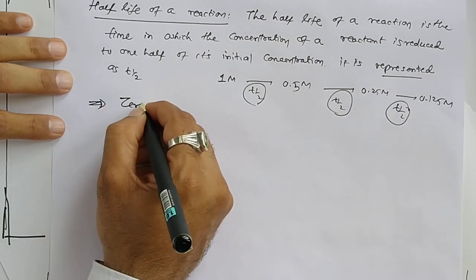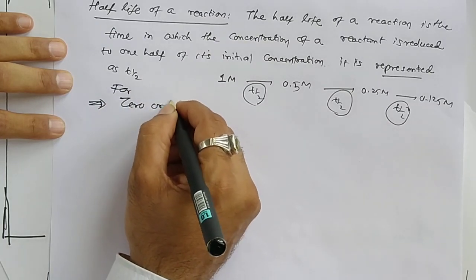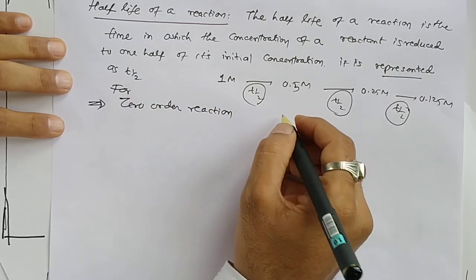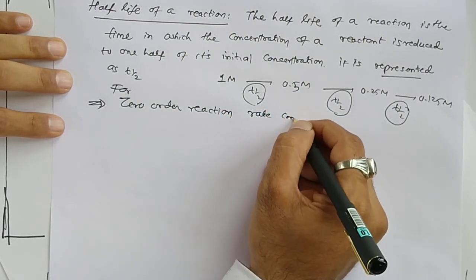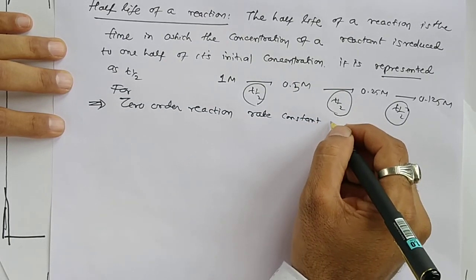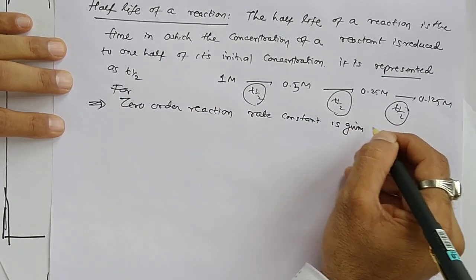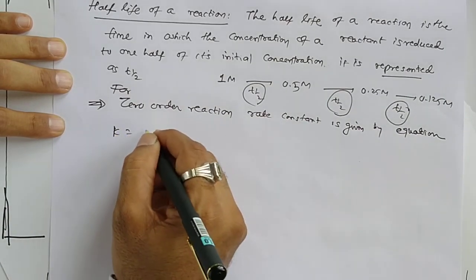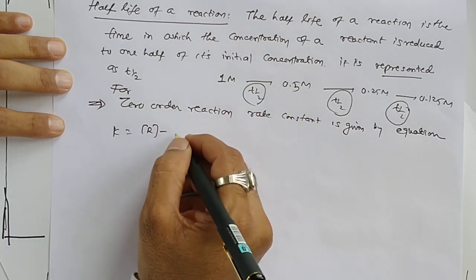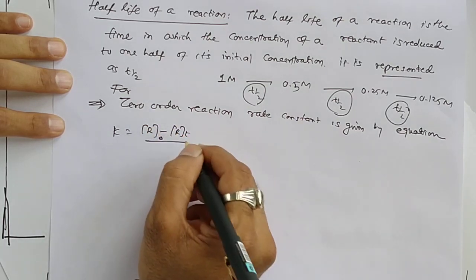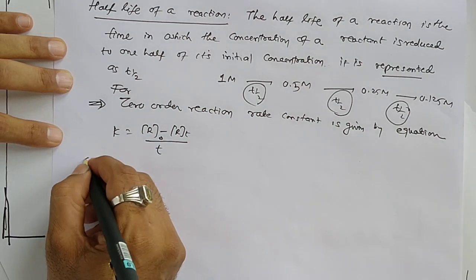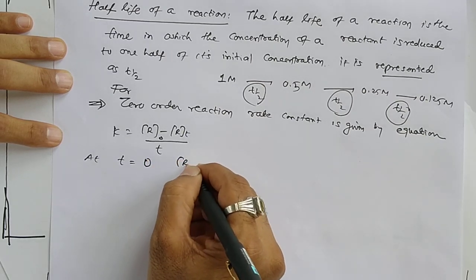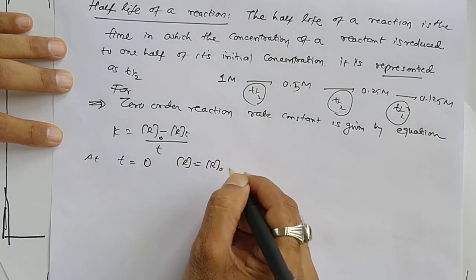There are two in our syllabus. First of all, for a zero order reaction, the rate constant is given by this equation, K. Clear? Now at t equal to 0, concentration is initial R0.